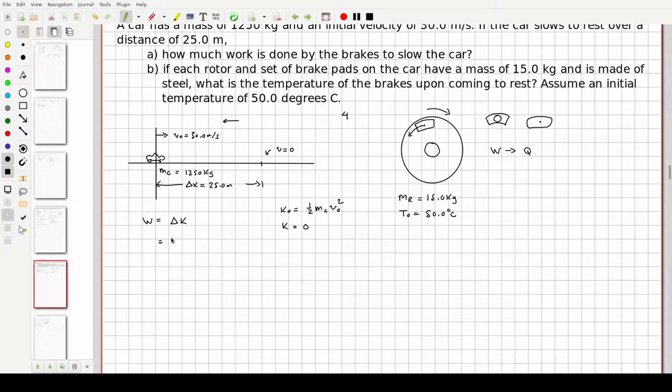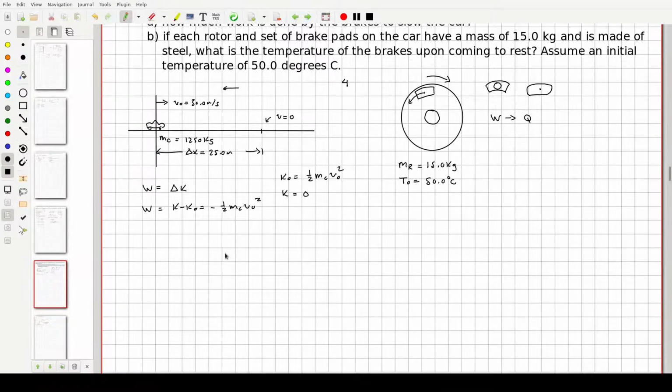So I could use the force dotted with displacement, since we're going to assume a constant force, or I could do this. I'm going to take this approach because it's way easier. So here, the work is going to be K minus K naught. So this right here is going to be basically how much work is being done to slow things down.